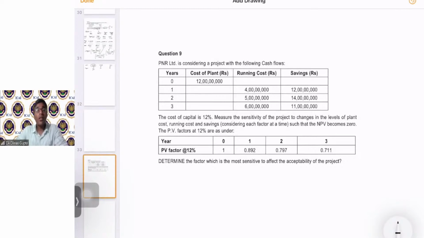Now, let me deviate from the topic and tell you an interesting fact about sensitivity analysis. Today only, after this session, if any of you is interested, please open any company's annual report and go to the disclosures of actuarial valuation, where you will find a sensitivity analysis of the actuarial report on employee benefits.